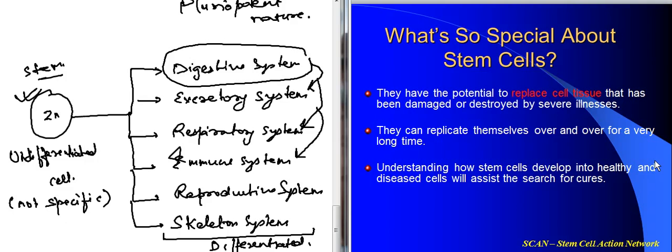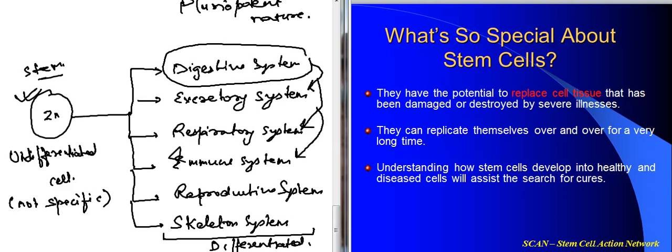Second, it has a tendency to proliferate into any type of organ, any type of system, any type of cell. And third, it can be retained and cultured, and the cells stay alive for a long period of time. They have a self-renewal property. They can replicate themselves for a long period of time. That's why it's very easy to conserve also.